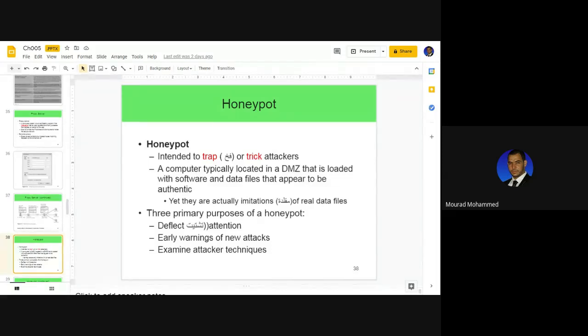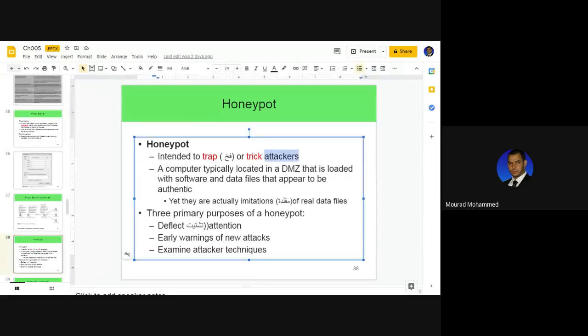It has some services from the main services, like the web services or the storage or the printer or something like that. These are like the original services, but not the original services. This is to trick and trap, or both.